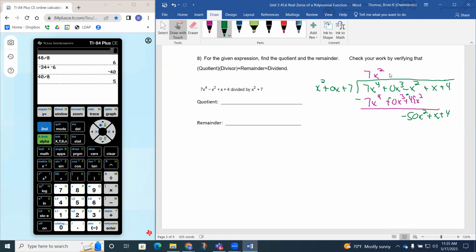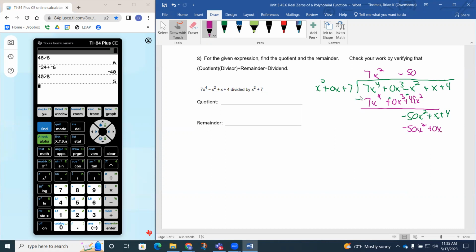What times x squared gives me this negative 50x squared? It looks like I'm going to need a negative 50. So negative 50 times x squared is a negative 50x squared. Negative 50 times 0x is just 0x.